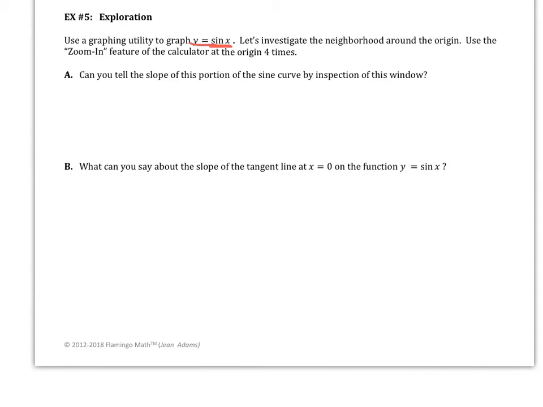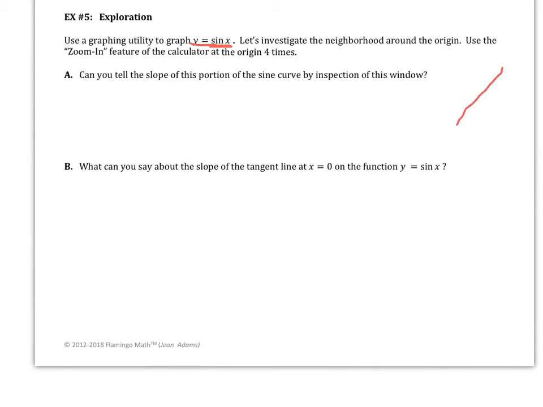What I want you to do is go to Menu, Window, and click on number 3, Zoom In. Make sure that your little plus sign there is on the origin, and click it 4 times. What's going to happen is you're going to see that your sine curve kind of looks like a straight line.